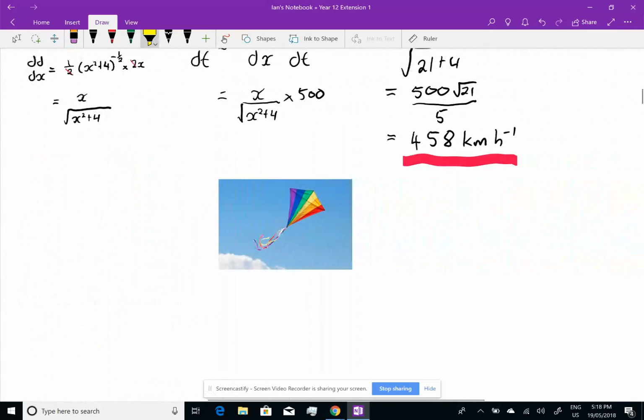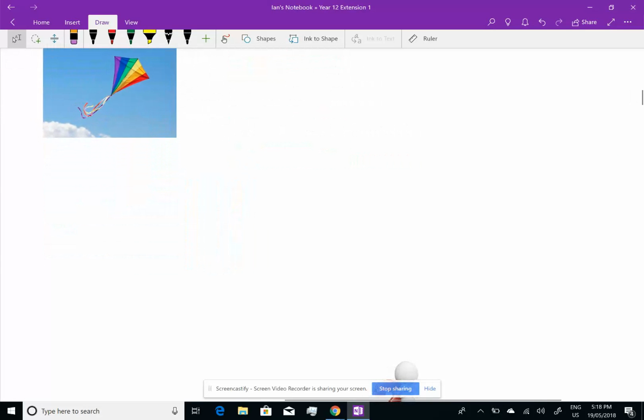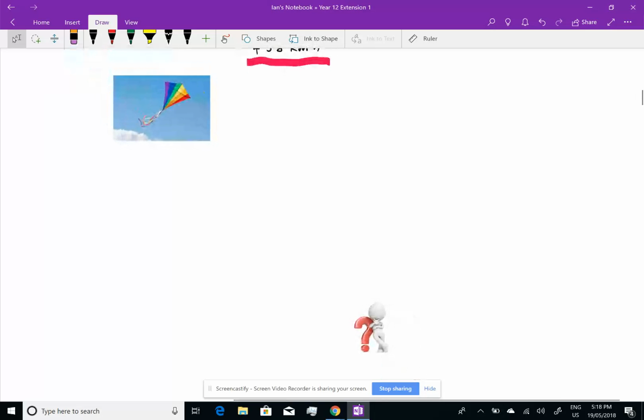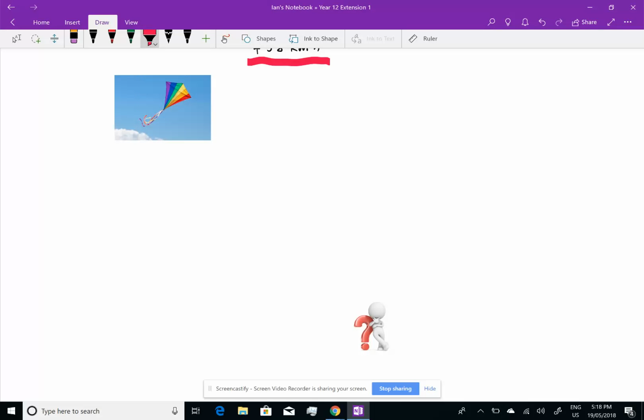So let's draw a diagram. There's a kite. First we need an observer. Oh, here's someone down here thinking very deeply about this. So we'll draw a diagram again. And again, it doesn't matter which way your triangle goes, which is why I've done this one this way.